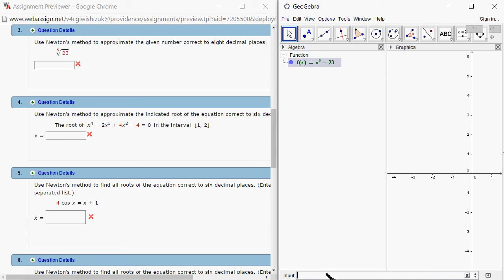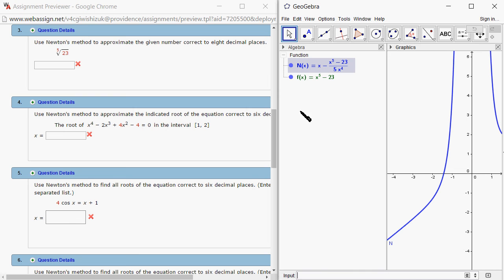Then hit enter. It's defined, and then we have Newton's method. I'm going to call it n of x is equal to x minus f of x divided by f prime of x. Then hit enter.